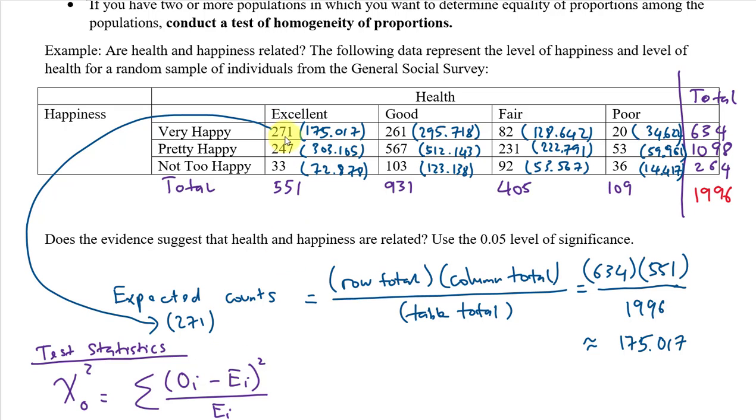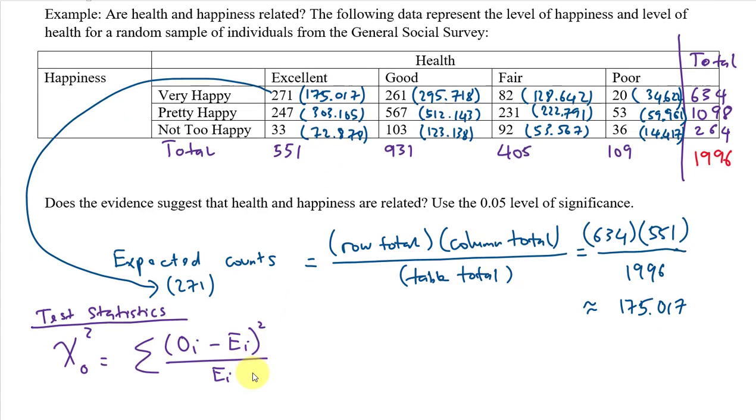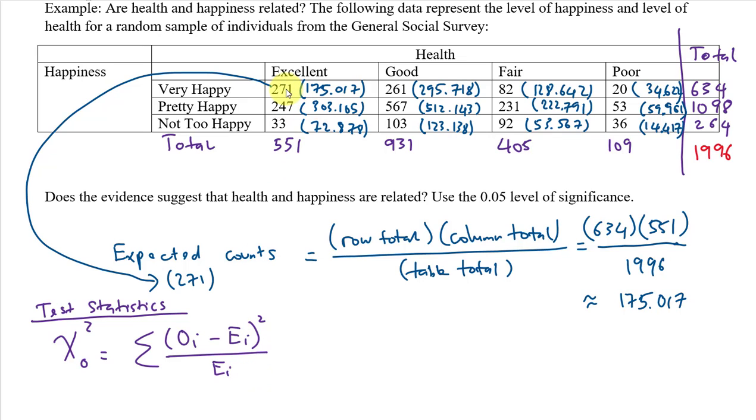So the black one is Oi, the observed value, and the blue one is Ei, the expected value. You take this number minus this number, square it, divide by the expected number, and just keep adding. The summation means you keep adding for all of the values on the table.